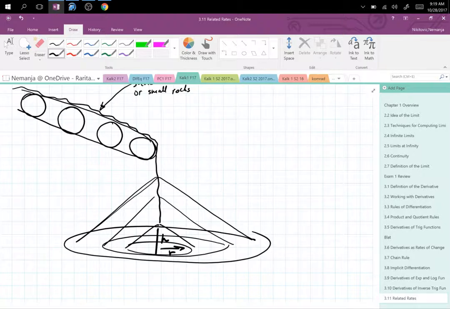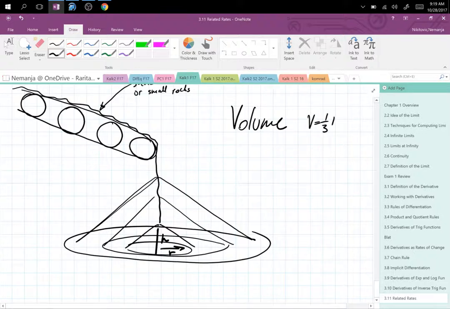Now, sand pile. I'm obviously talking about the volume. It makes no sense to talk about anything else. We are definitely talking about the volume here, because it's how much rocks do you have on the pile? How much sand do you have on the pile? So what you do is you say, oh, that was a spiky object, so volume is 1/3 base times the height.